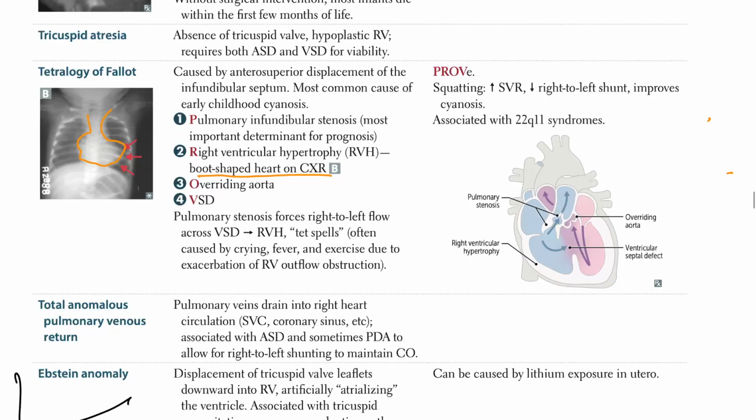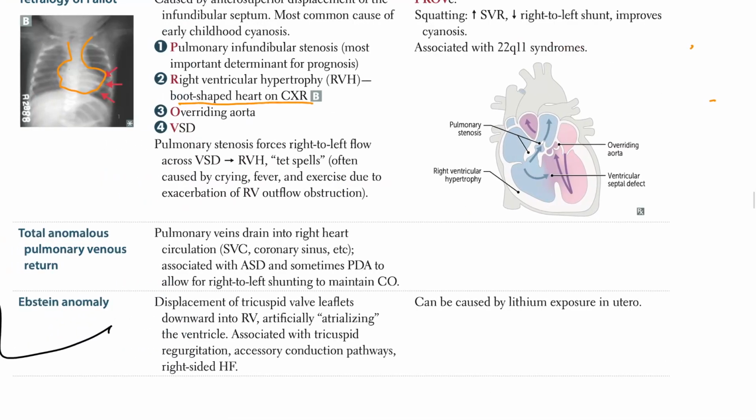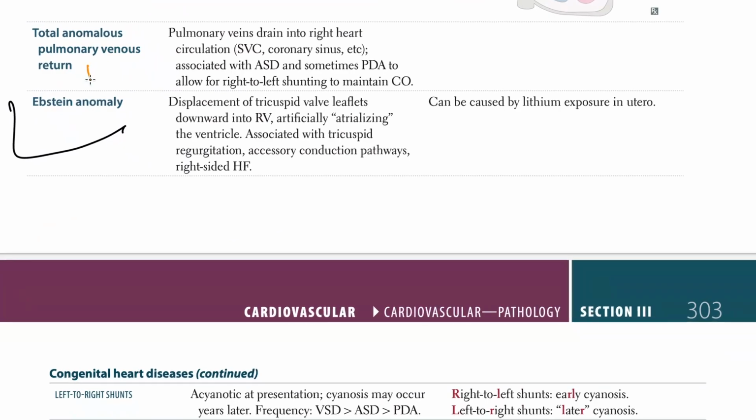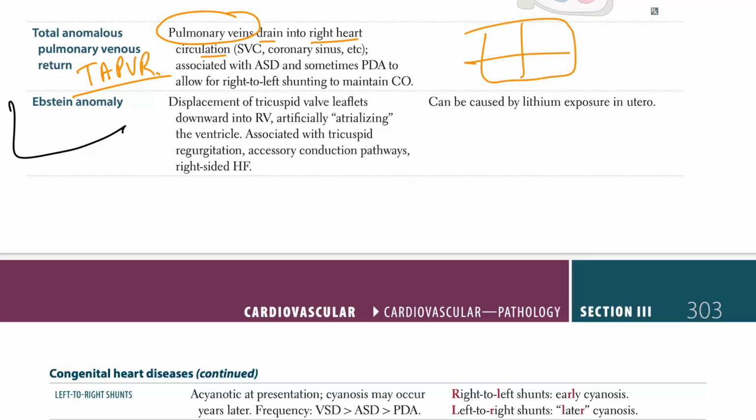Okay, moving on with the next one, which is called total anomalous pulmonary venous return, TAPVR. The pulmonary vein drains into the right heart circulation. Where is the pulmonary vein supposed to go? It is supposed to go into the left atrium, right?